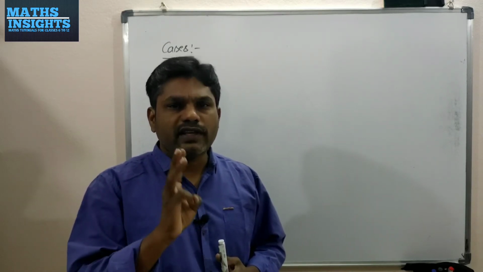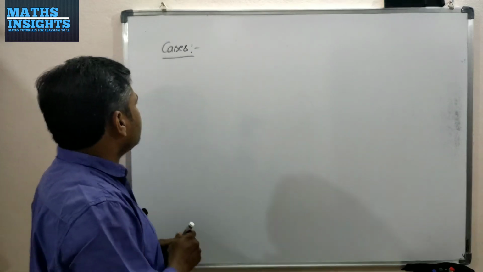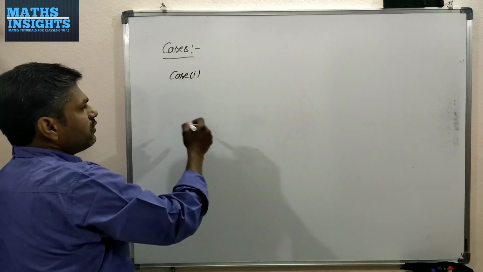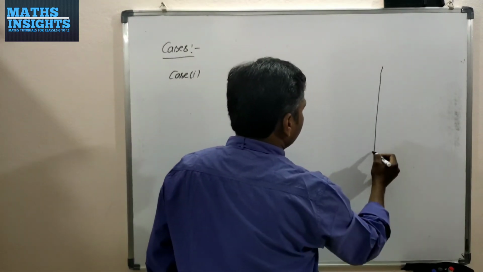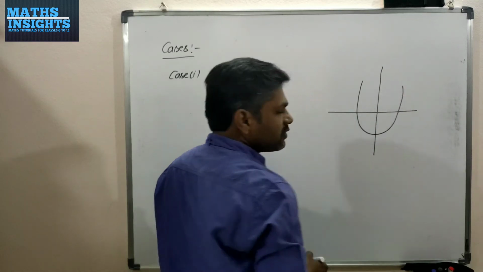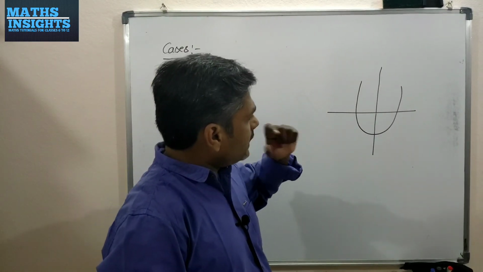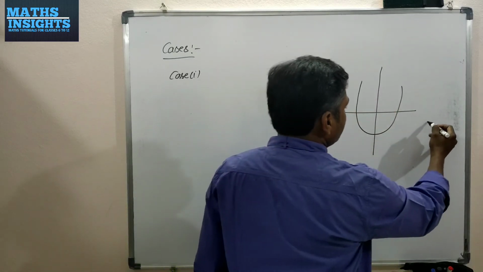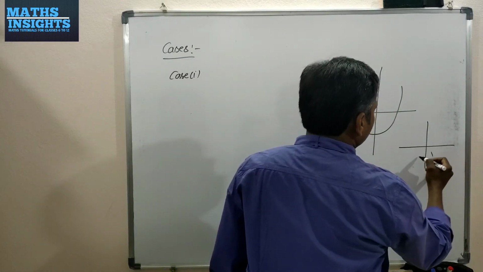You have 3 cases. Case 1: when it meets the x-axis, it may be like U or inverted U, whatever it may be. So you may have like this also.